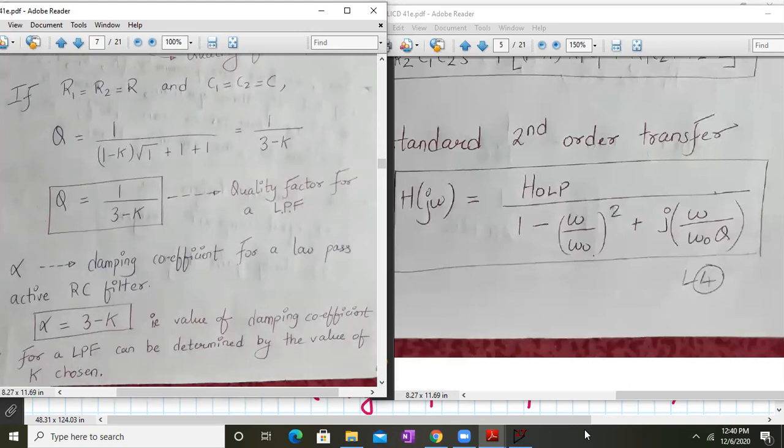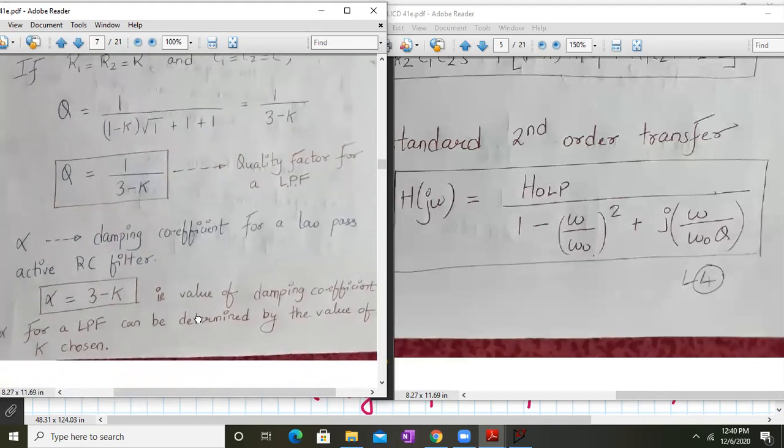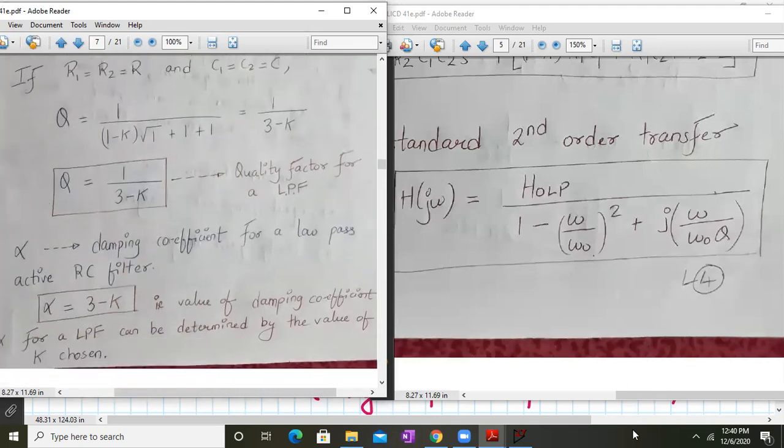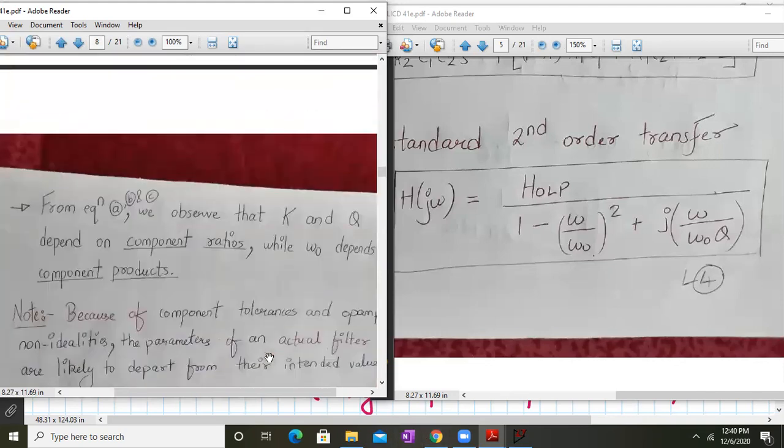So alpha is equal to 3 minus K. So the value of the damping ratio for a low pass filter can be determined by choosing the value of K basically. Okay, so where Q is the quality factor which is given by 1 upon 3 minus K. Okay, so that's what we get.